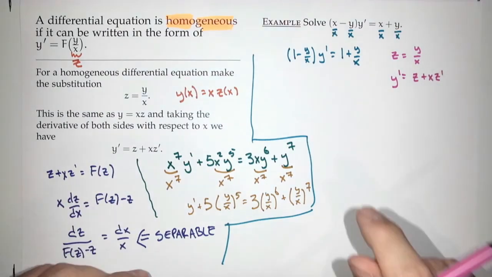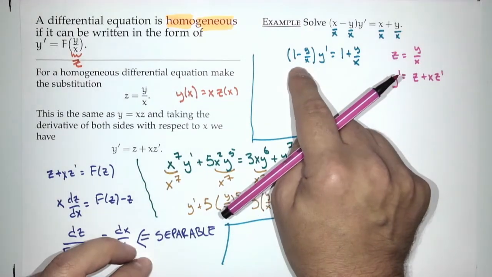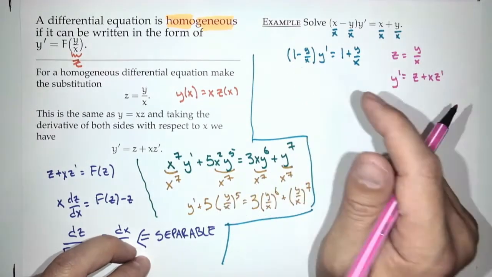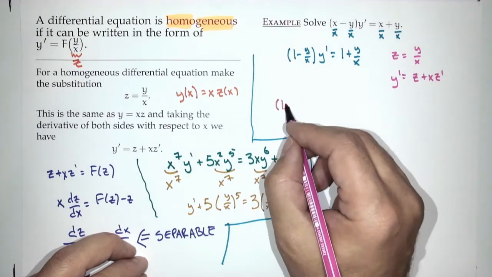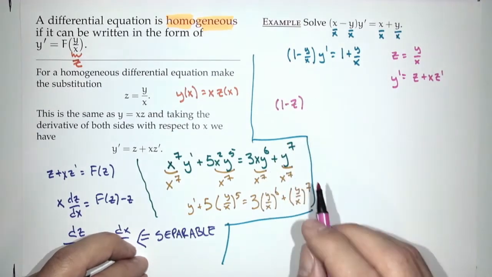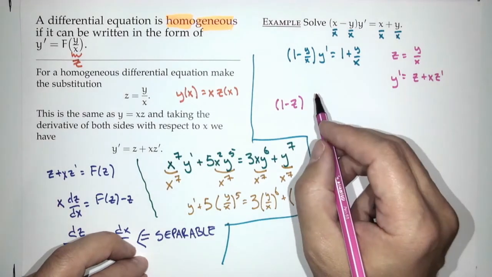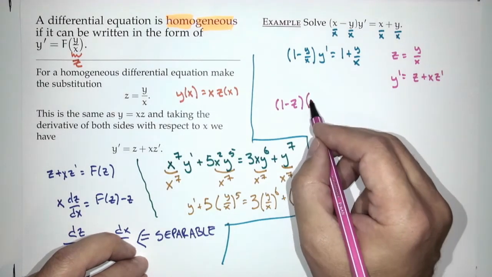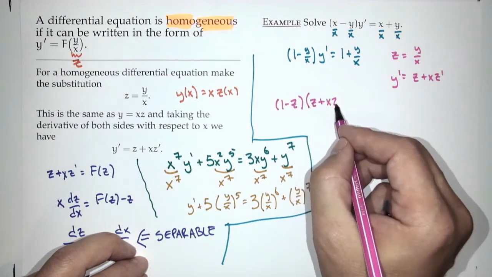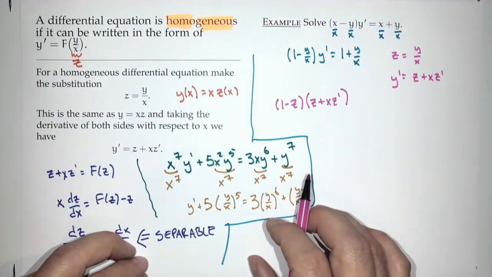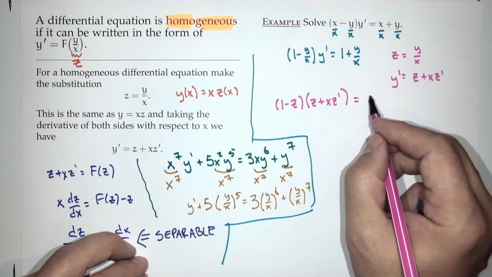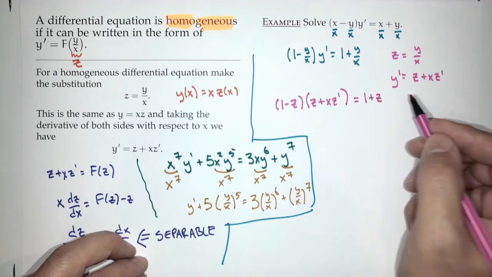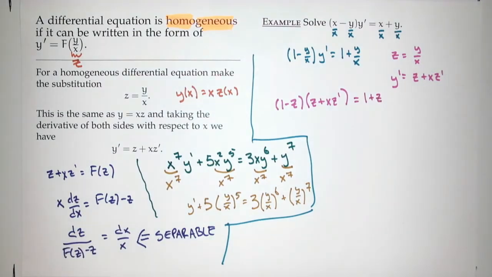So what do our pieces become? 1 minus y over x becomes 1 minus z. Y prime becomes z plus x z prime, equals 1 plus z. And notice we're now only in terms of x and z.